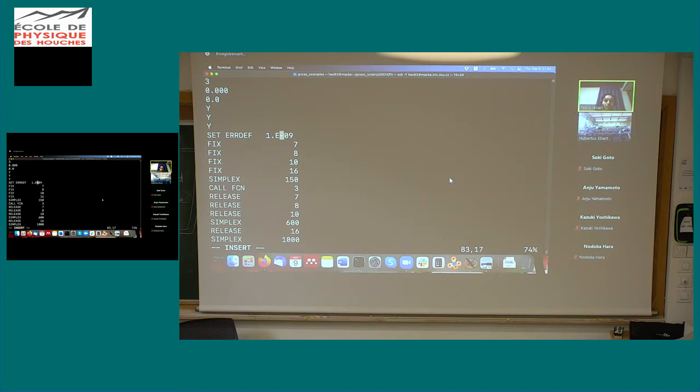So you can put like 1 to the minus 10, and then there are various commands to perform the fit. The simplest one is called simplex, and then you give the number of steps that you want to do to minimize. So we can try 5,000 steps, and then we should put exit.